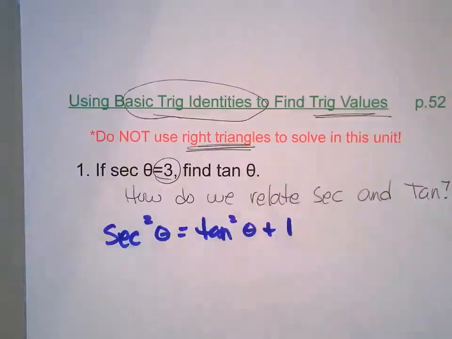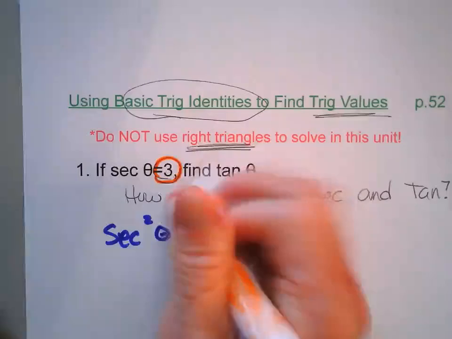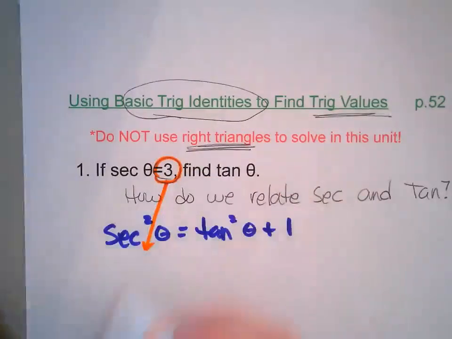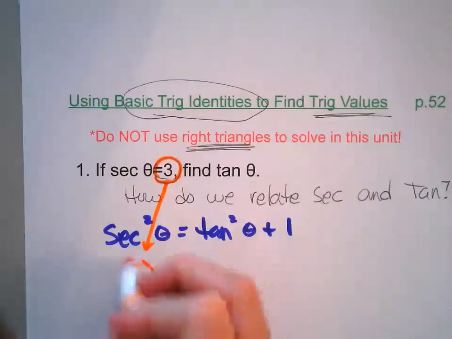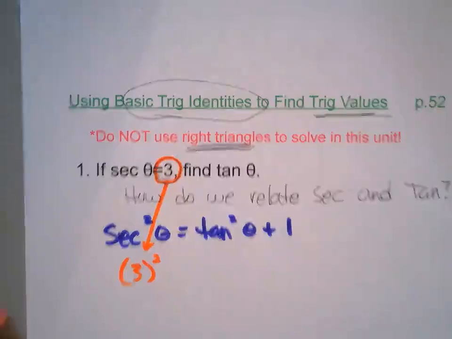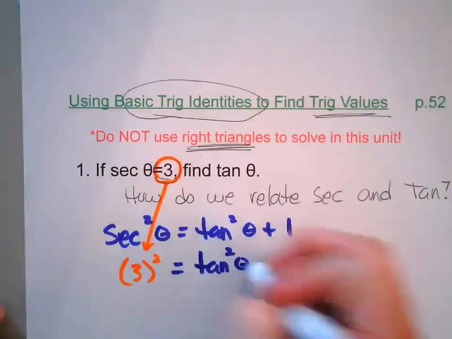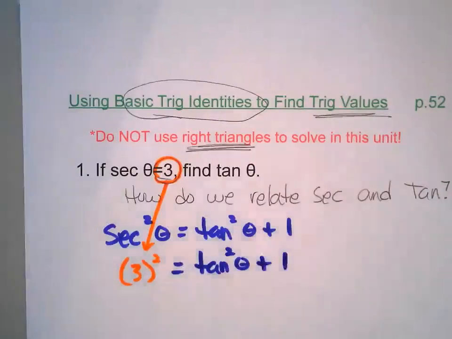So the 3 is going to come down here. So that's going to be 3 squared. That's going to equal tangent squared theta plus 1.